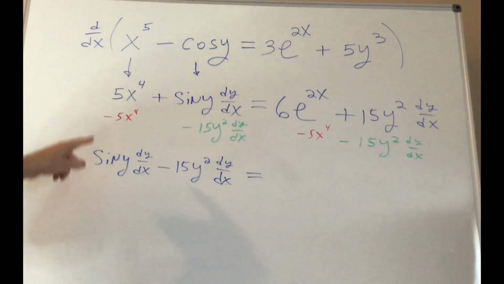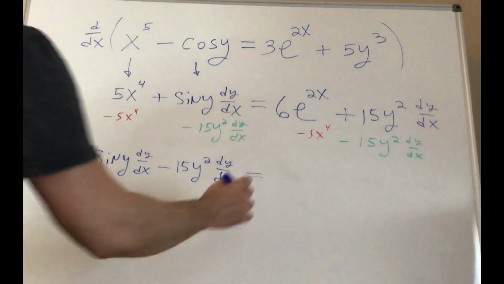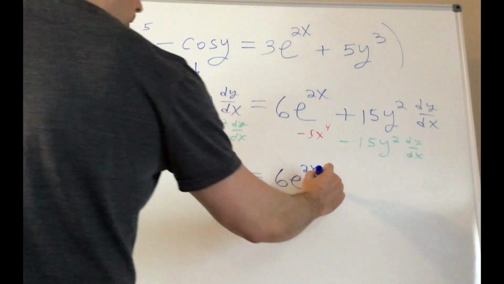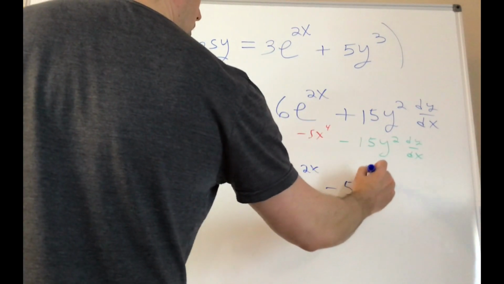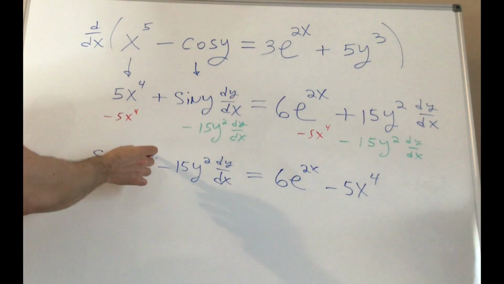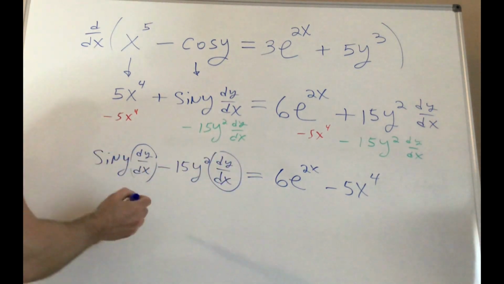Everything that does not have a dy dx has to go on the other side. So I had 6e to the 2x there. I took away 5x to the 4th. Now, the move was to factor these out. That's why you put them on the same side. Move it to the front.